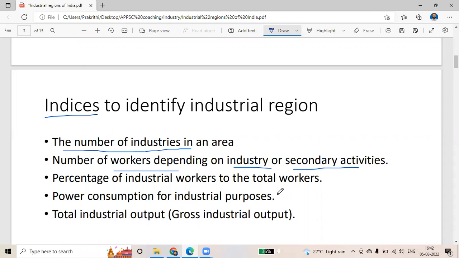Then the percentage of industrial workers to the total workers. Let it be 1 lakh population working force, who are depending upon industry, directly relating to industrial work.